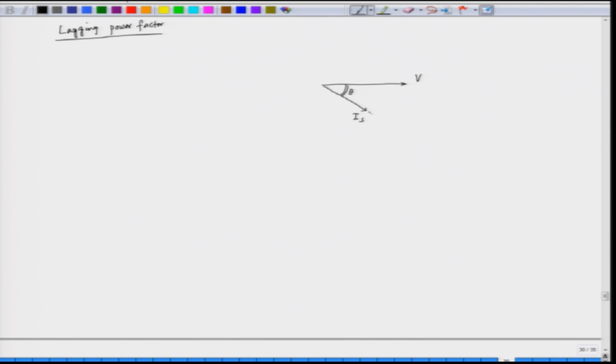So, we have to find out E here. So, this is minus j Is Xs; these are all phasor quantities. So, we get the induced EMF E, which is induced by the field winding, and this is the torque angle, that is delta, and for the motor E lags behind the voltage by an angle delta. So, this is for a lagging power factor.